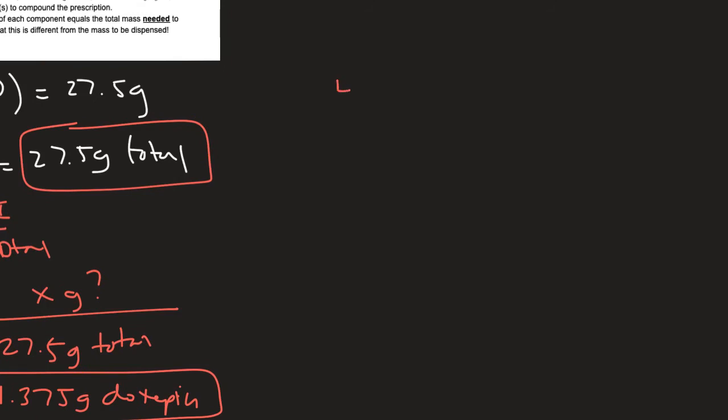We know, step 4, the total mass is 27.5 grams. We know the mass of Doxepin was 1.375 grams. We know the mass of the wetting agent was 8.59 grams.